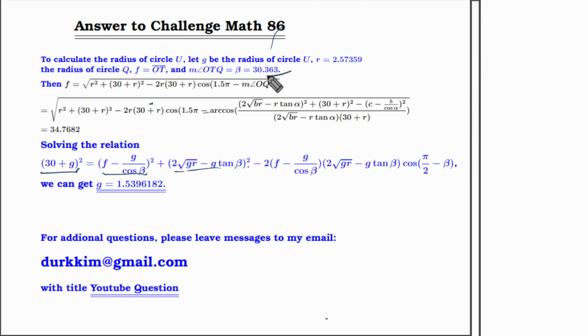Beta is here, 30.363. I just replace this one to make a shorter equation, minus 2 times the 2 sides times the cosine of the opposite angle from that side.